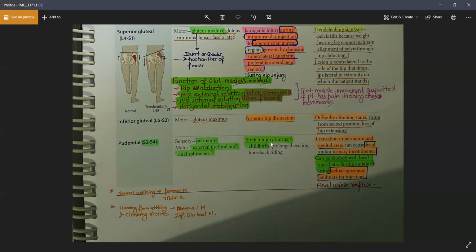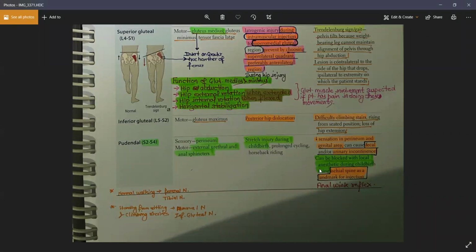Sometimes you have to block this nerve by giving anesthesia, and this is done during child delivery, to avoid the pain, of course, right? So this nerve can be blocked with a local anesthetic during childbirth.